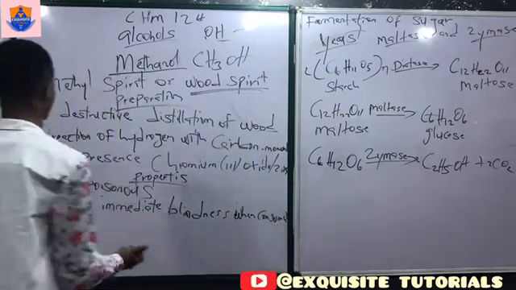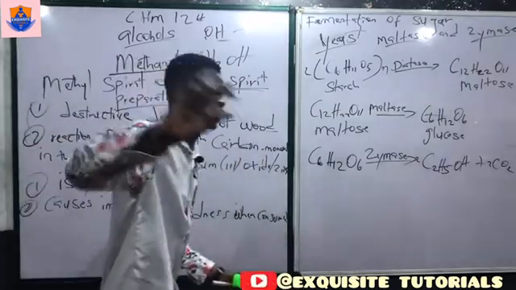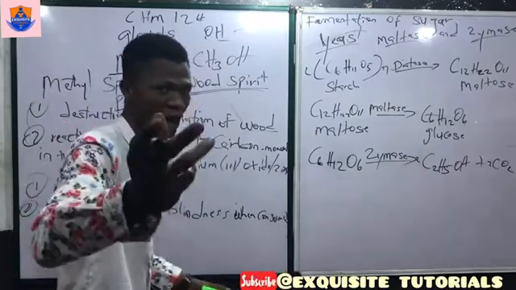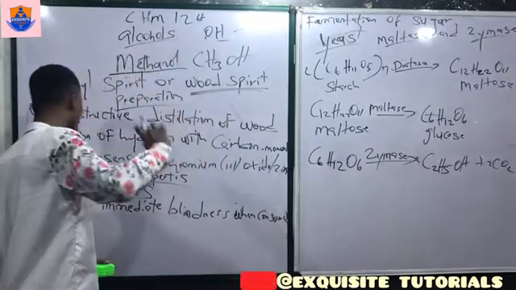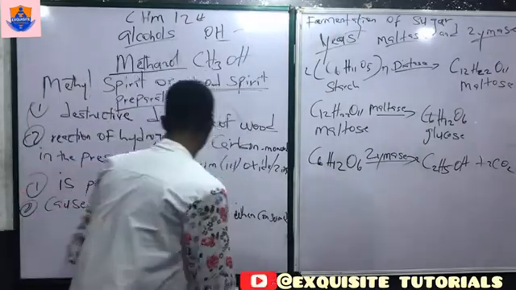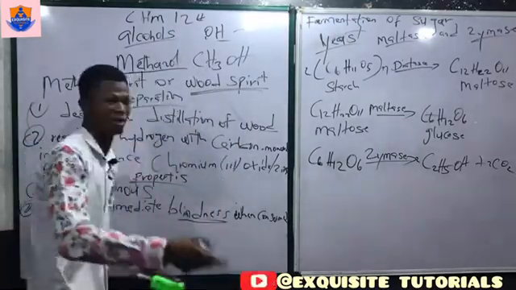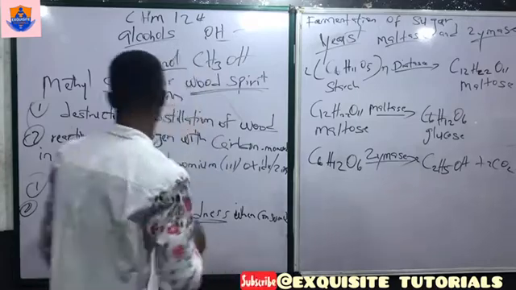So there are two occasions where you should only take methanol: if you want to commit suicide, or if you want to cause yourself blindness. But please, do not cause yourself blindness.